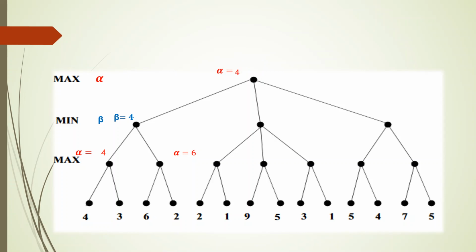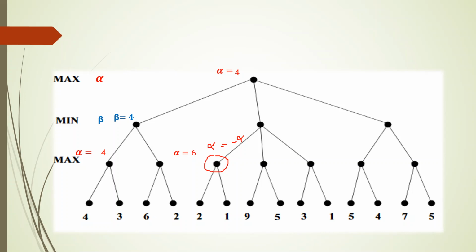Now again this node will look down here to get some value, and this node will look down here at this point to get some value. This node belongs to max, and here alpha, the value of max, is equal to minus infinity.